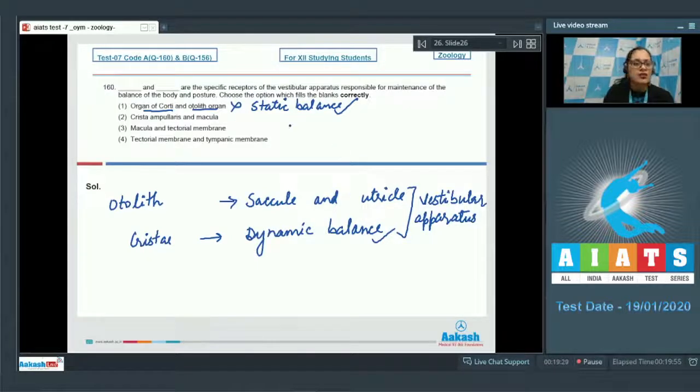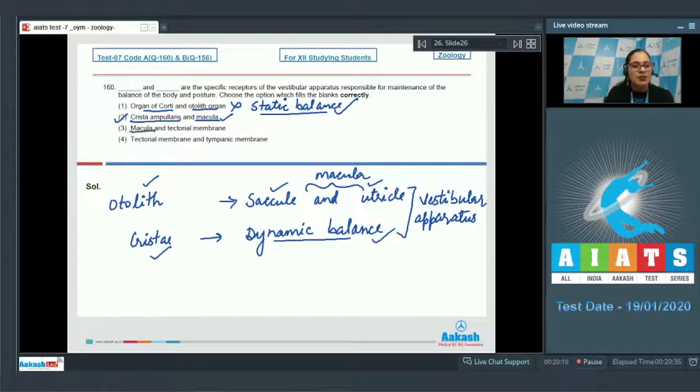So the correct answer to this question is option number 2, crista ampullaris and maculae. What is maculae? The projecting ridges of sacculae and utricle are called macula. So crista ampullaris present in the semicircular canals and macula present in the otolith organ are responsible for maintaining the dynamic balance as well as static balance, and is the correct answer to our question.